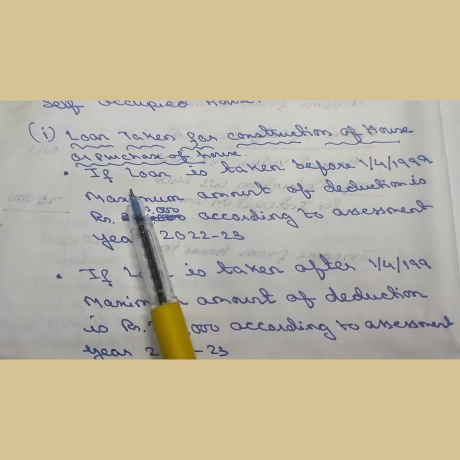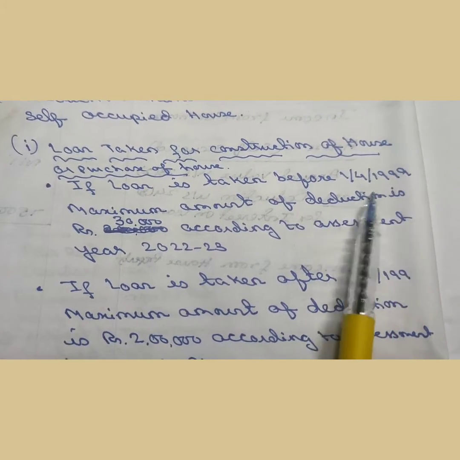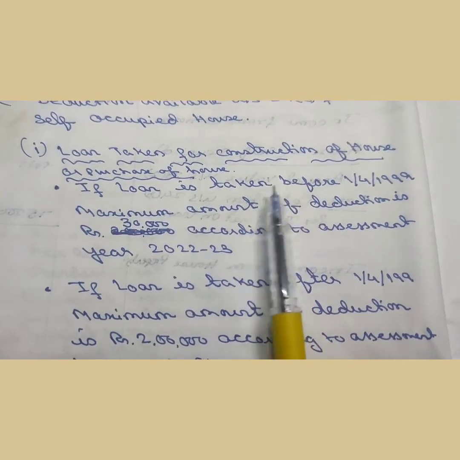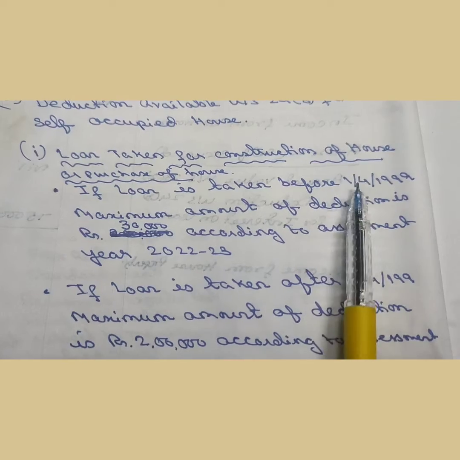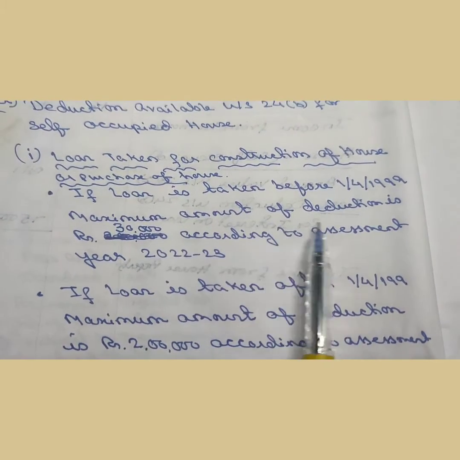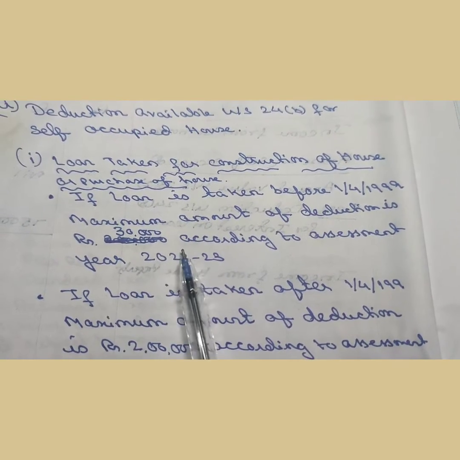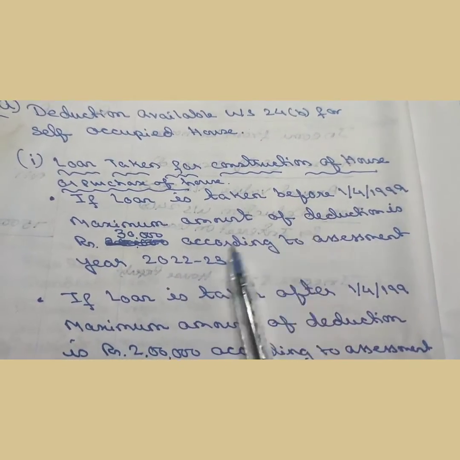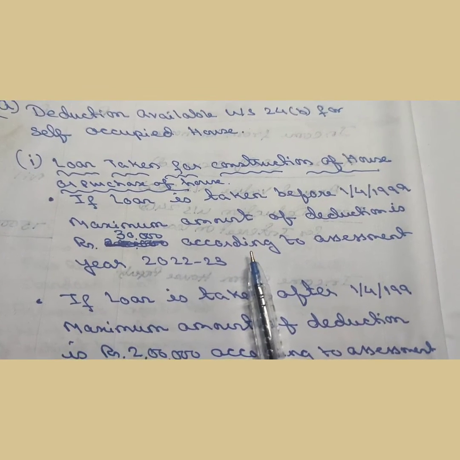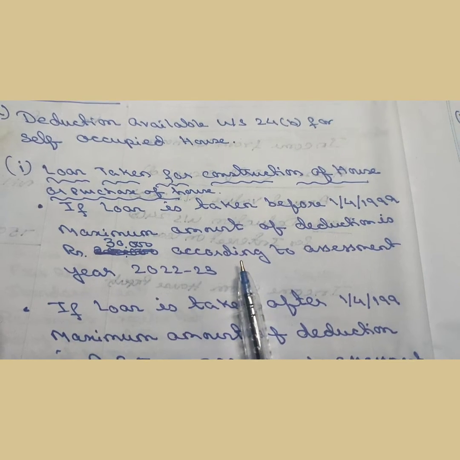One is if the loan is taken before 1/4/1999. Suppose the date of loan taken lies before 1/4/1999. The maximum amount of deduction is rupees 30,000 in that case. Suppose the loan is taken on 30th September 1998, that means it is before 1/4/1999.